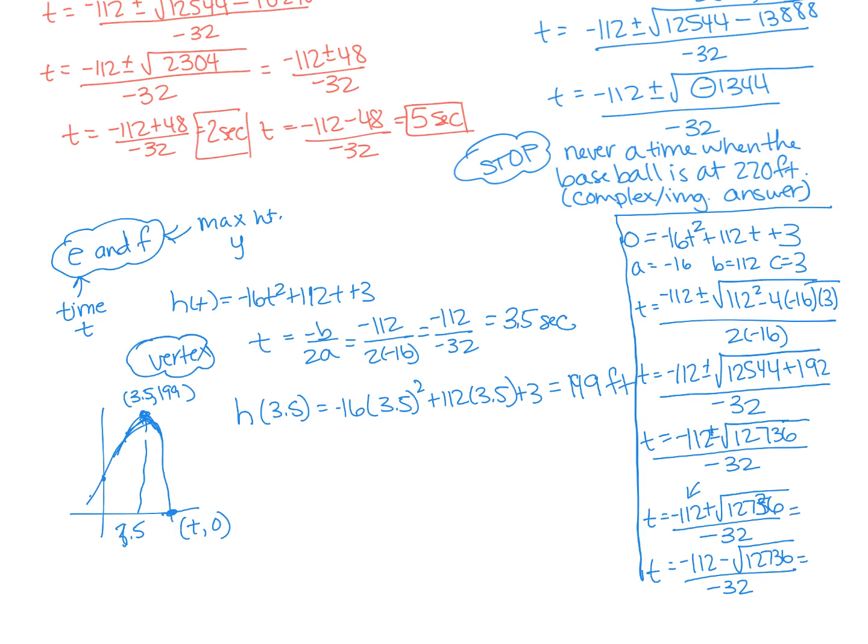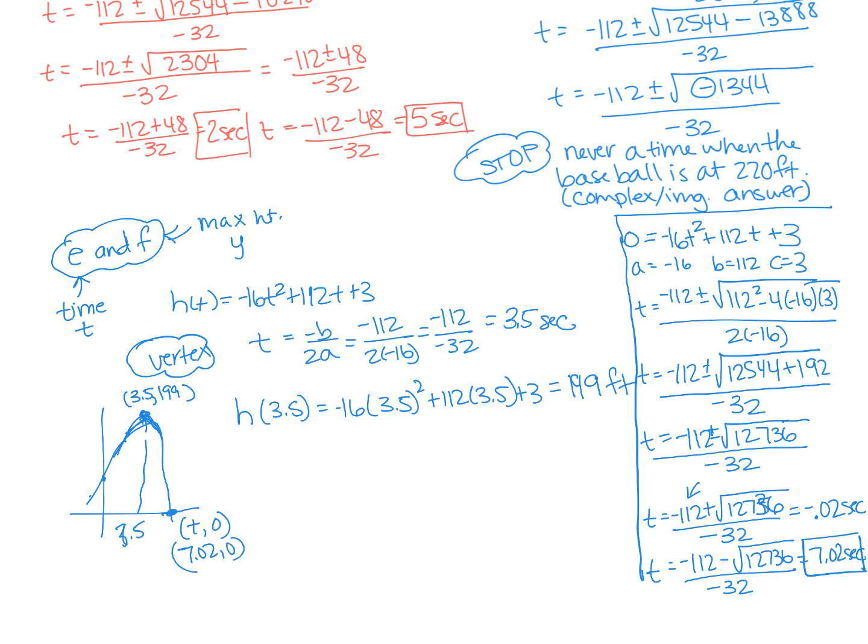When you put in your negative 112 plus your square root and divide by your negative 32, you should be getting approximately negative 0.02 seconds. And when you do your negative 112 minus your square root divided by negative 32, you should be getting 7.02 seconds. And so this hits the ground at 7.02 seconds.